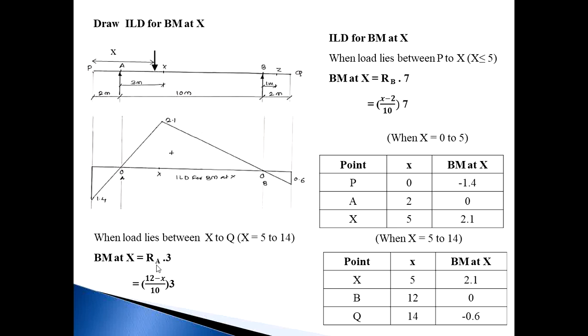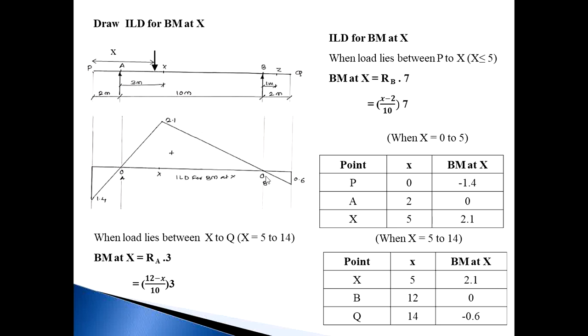We know the value of RA is (12 minus x) divided by 10, into 3. Now calculate all values, that is X, B and Q. The x distance is 5, so put this 5 in this equation. The answer will be 2.1.